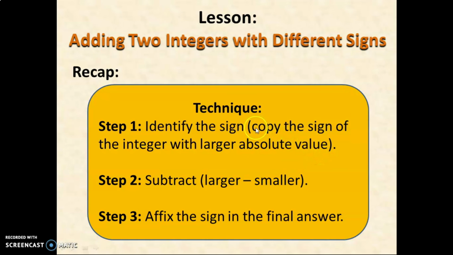And you copy the sign of that number. That will be the sign of the final answer. Next, step 2, subtract. When you subtract, it's always larger minus the smaller. Then step 3, you affix the sign in the final answer, or you simply combine step 1 and step 2. Okay, so that's the 3-step technique in adding two integers with different signs.